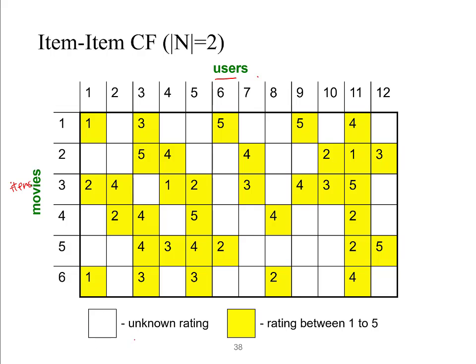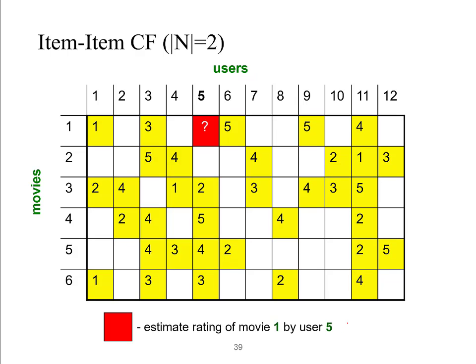The white cells are unknown ratings, and the red cells are ratings from 1 to 5, like 1 star to 5 stars. What we want to do is predict the value in the red cell, which is the prediction of movie 1 from the 5th user.